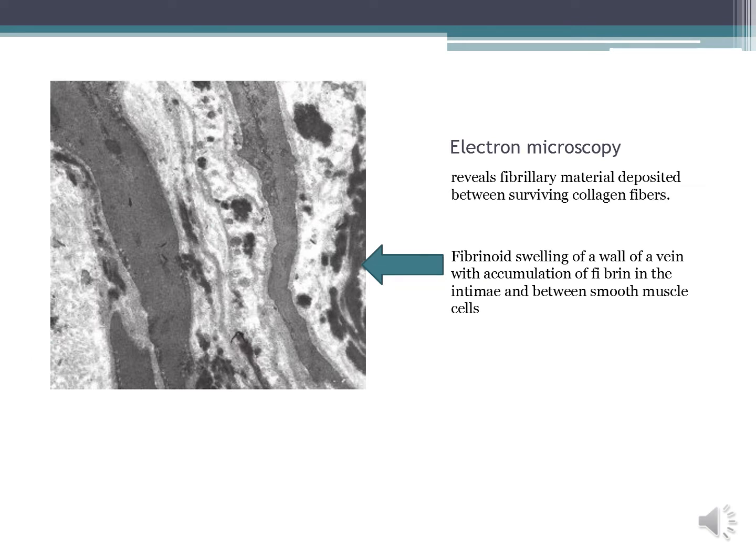Under microscope, in case of fibrinoid swelling, we see the fibrillary material deposits between surviving collagen fibers. So here we see the wall of the vein with accumulations of fibrinoid in intima and between smooth muscle sites.